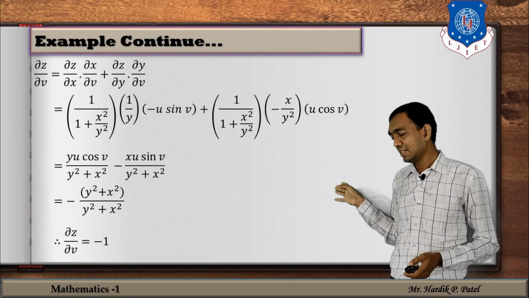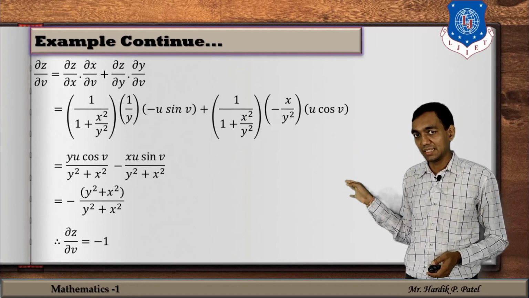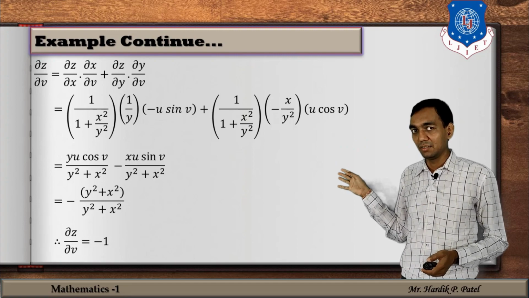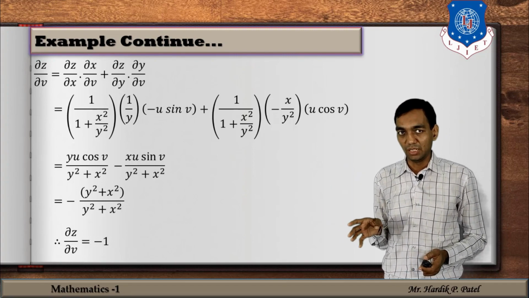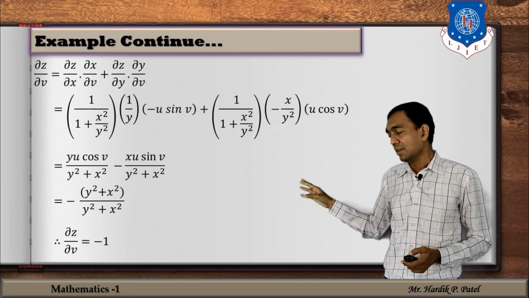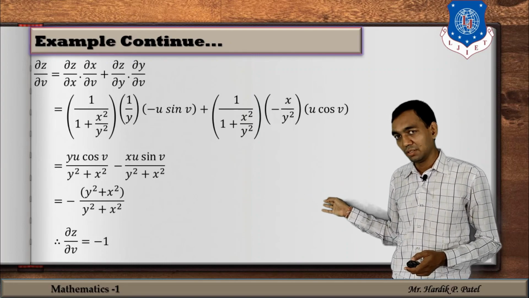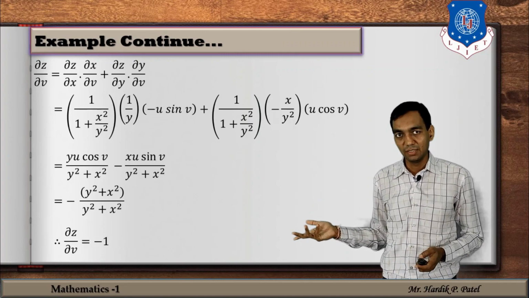And del z by del y is again the same, 1 upon 1 plus x square upon y square into minus x upon y square. And del y by del v has a value u cos v, correct? And simplifying by taking LCM, that will give you y into u cos v minus x into u sin v divided by y x square plus y square.